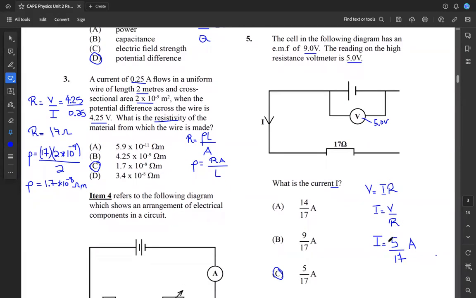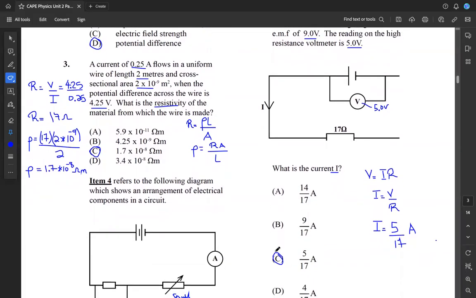So I is equal to 5 divided by the total resistance of the circuit, which is 17 ohms, and we end up with the current being 5 over 17 amperes. So this is how we come up with our answer. We get C here.